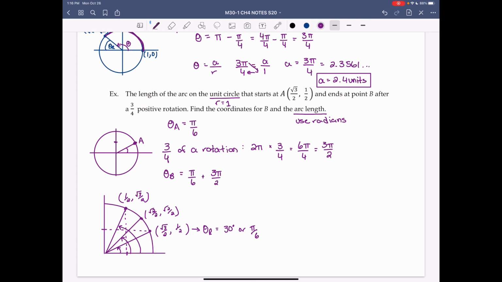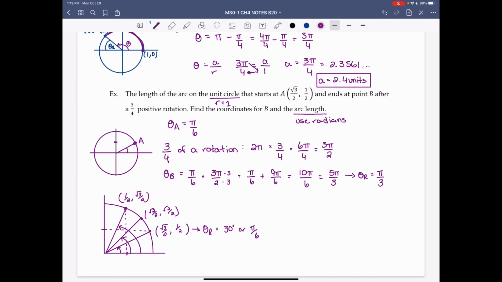I need to make a common denominator, so I could multiply this fraction by 3 on top and bottom to get pi over 6 plus 9 pi over 6, which gives us 10 pi over 6, which reduces to 5 pi over 3. Then, since the reduced fraction has a denominator of 3, this tells us that theta r, the reference angle for point B, is pi over 3.